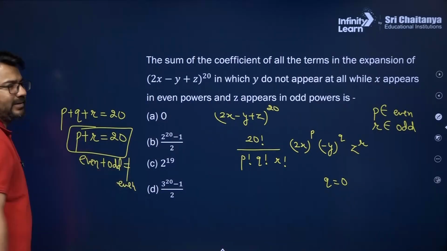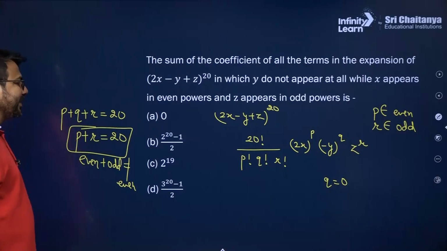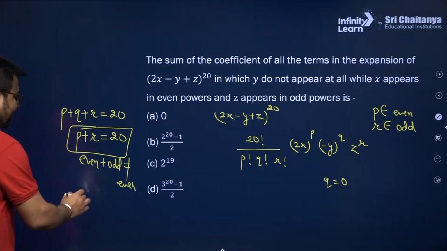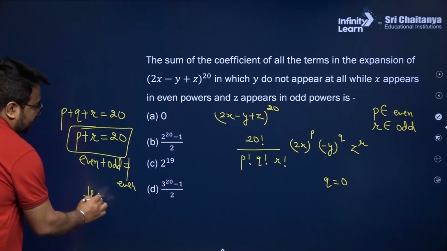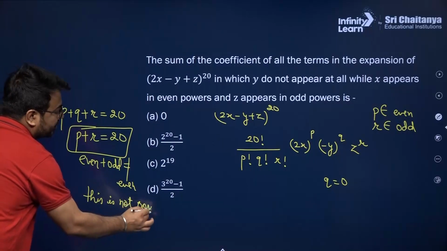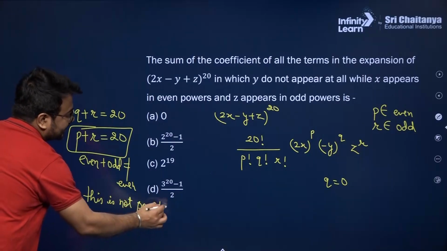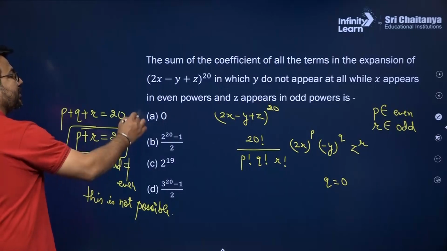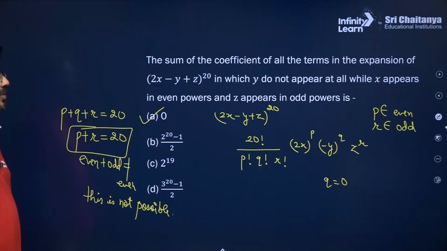No, it is not possible. Even plus odd cannot be equal to an even number. So that is why this is not possible. There does not exist any term which is satisfying the given property. So the coefficient of that term will be equal to 0.